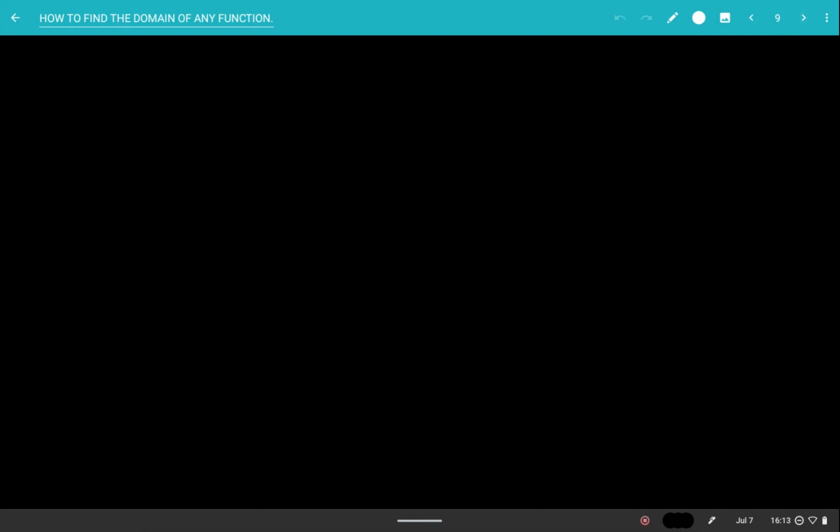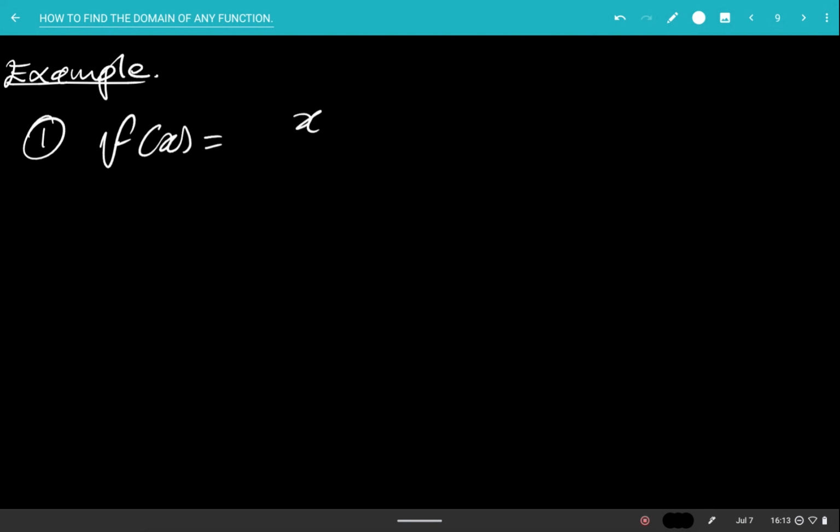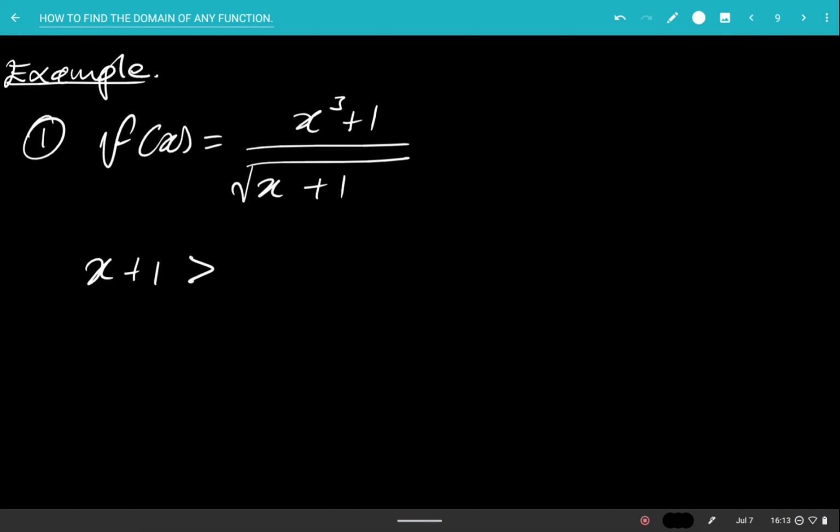Let's understand this with an example. Say we have a function f of x, let's say it's equal to x to the power 3 plus 1 over the root of x plus 1. So we set the radicand, which is x plus 1, to simply be greater than 0.